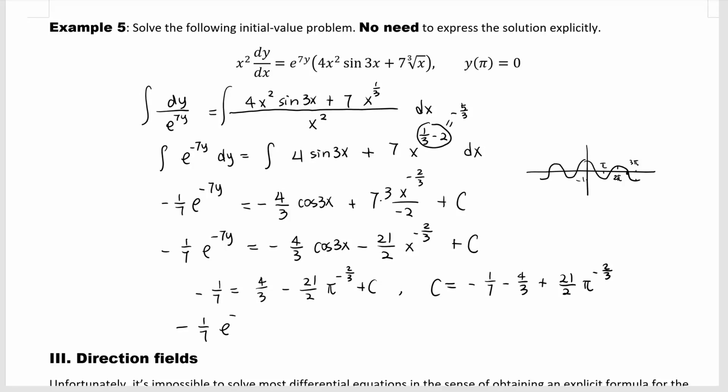So the solution is, after you figure out your c, you have to plug it back into the solution. That is the final step. c is minus 1 over 7 minus 4 over 3 plus 21 over 2 pi to the negative 2/3. Okay, so this is our solution.